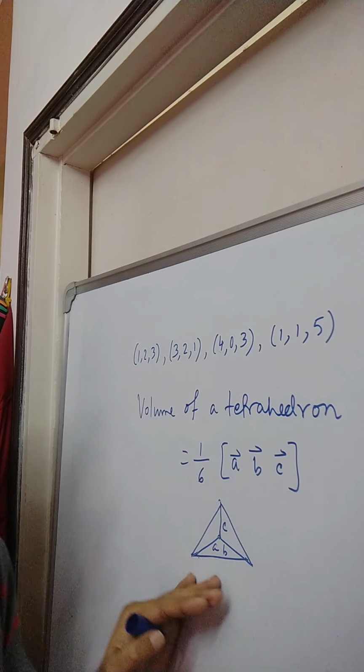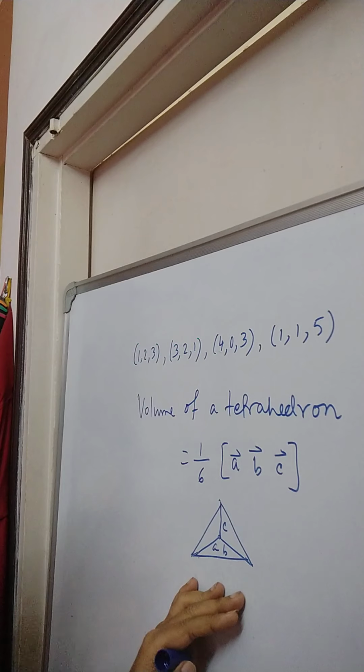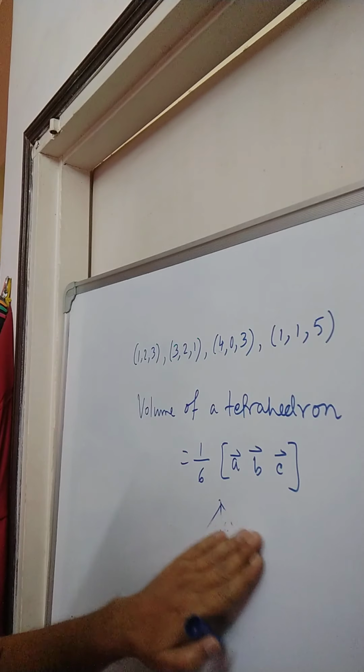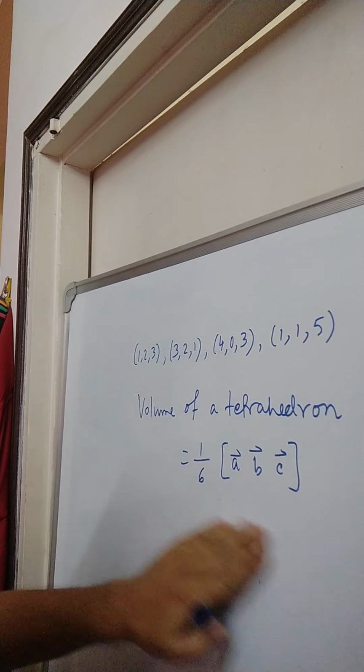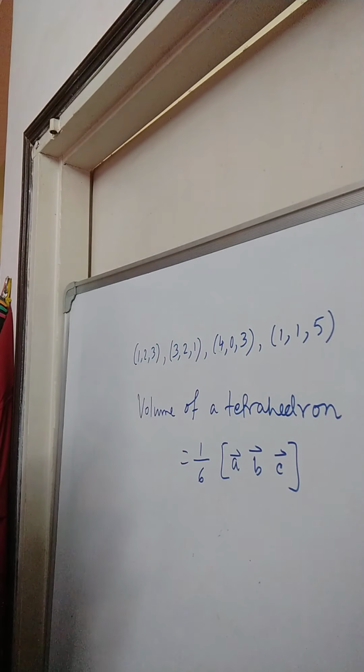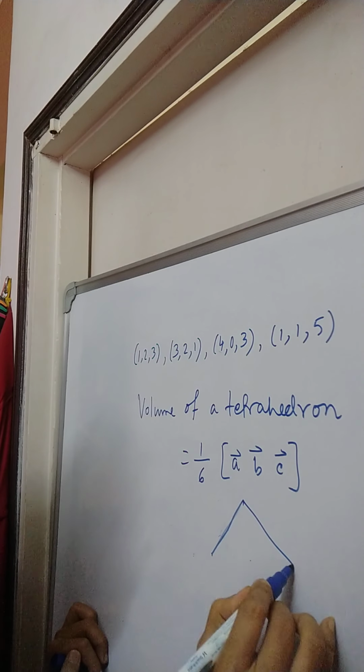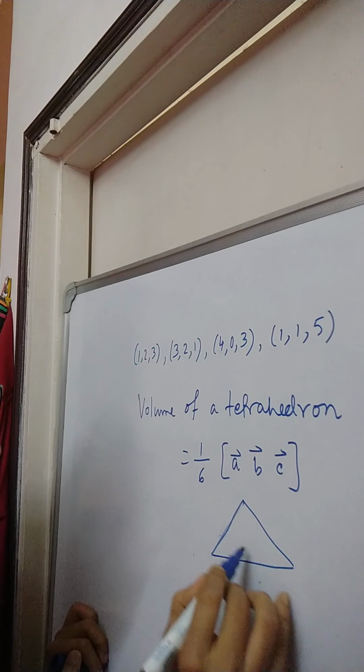Tetrahedron is a very special type of geometric figure. This is 3 dimensional. Let me explain a bit. Let us understand the geometry of a tetrahedron.